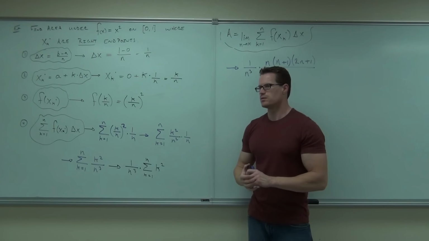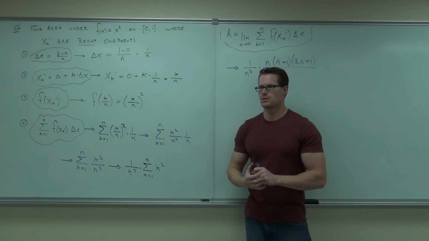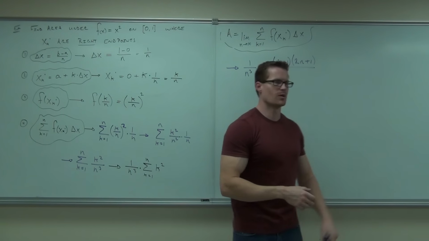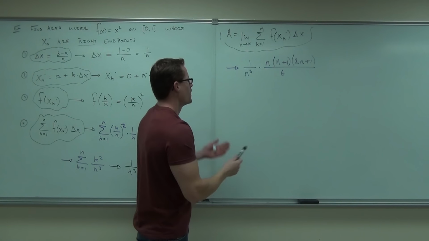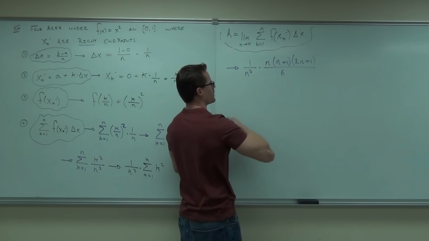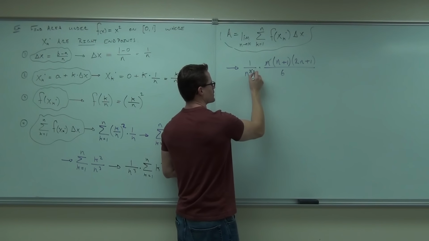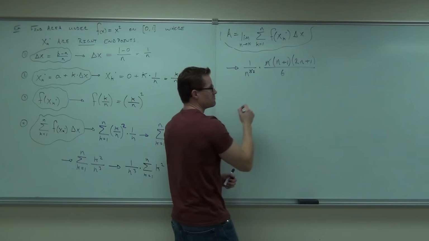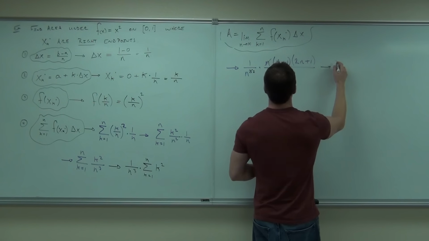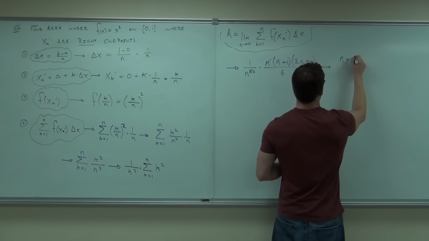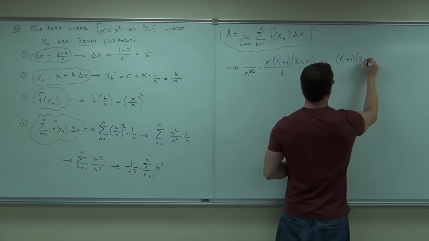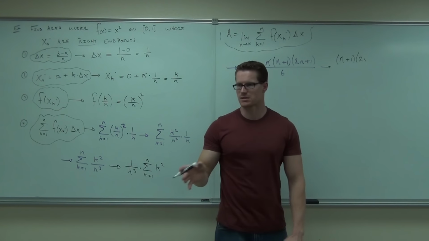What are you going to do now? Probably make it a little bit prettier, I would say. This is being multiplied, so I know I can eliminate that n and make that a 2, right? Could do that. Before you start distributing, you might want to do things like that, right?